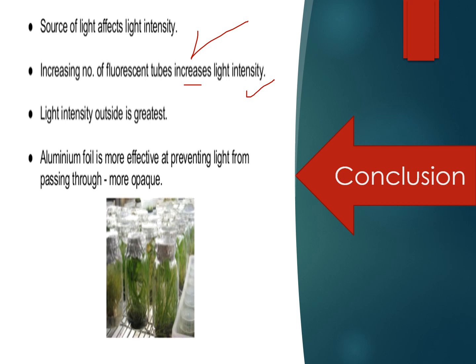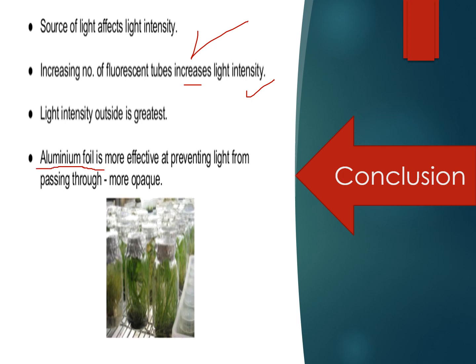Light intensity outside is greatest. If you go outside during the day, the sunlight gives a lot of light. The sun gives a lot of light, so it will be more. And the last thing, aluminum foil, you can check it at your home, in your kitchen. You can ask your mom to help you.